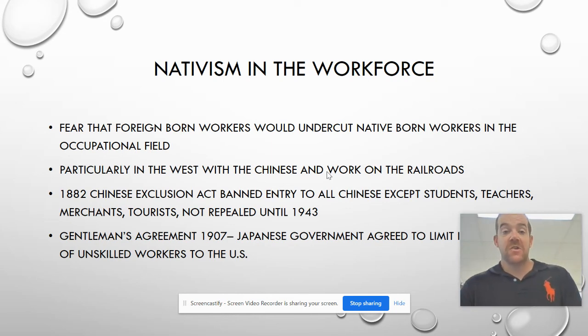So with this, you see the government start to step in. They excluded Chinese with the Chinese Exclusion Act. And then the Gentlemen's Agreement did the same thing to Japan, basically. That was designed to give native-born Americans more jobs.